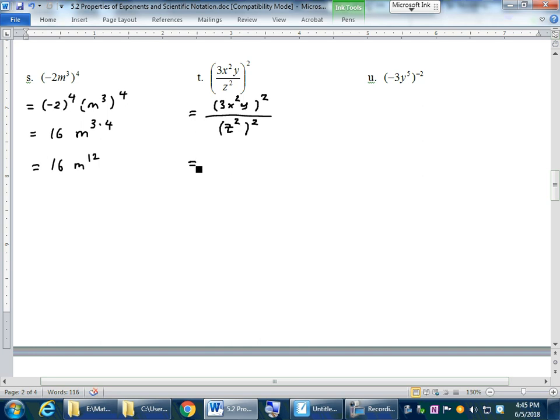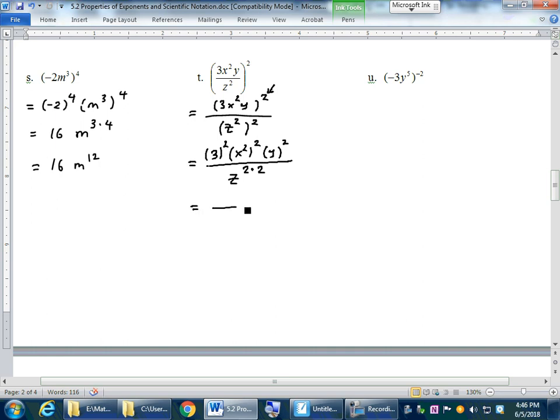On the numerator, the base of this exponent 2 is a product, so using property number 4, that will be 3 to the second power, x squared to the second power, and y to the second power. And in the denominator is exponent to exponent, which is property number 3, so it will be z to the 2 times 2 power.